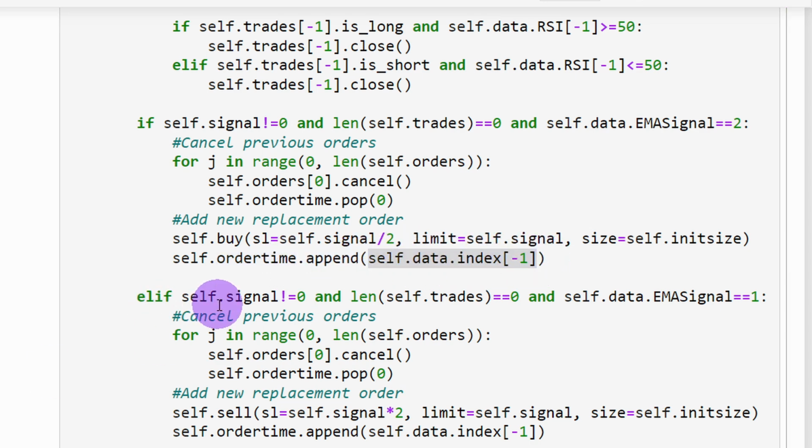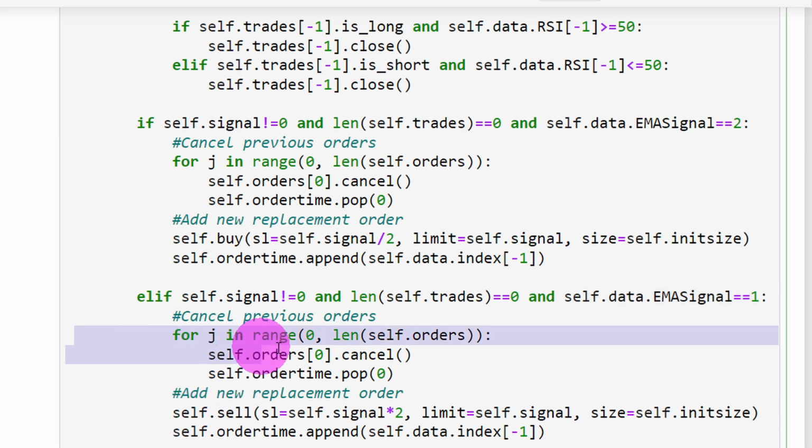In the other case, where I also have a signal different than 0, and at the same time I don't have any open trades, but also I have a moving average signal that is equal to 1, which means we are trading below the moving average curve. So we are looking for a selling position. In this case, we have to do exactly the same as we have done for buying positions.